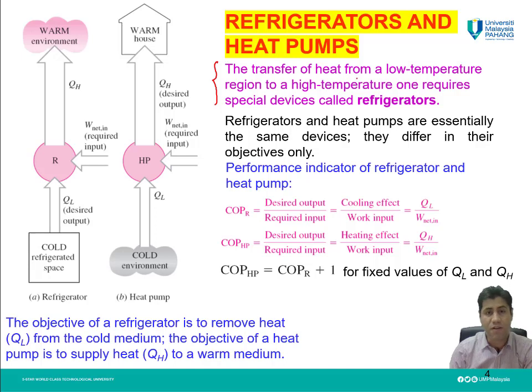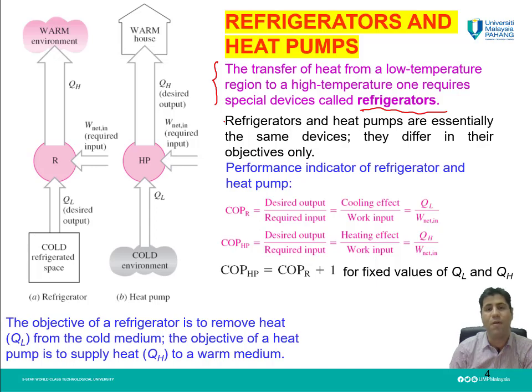Then the transfer of heat from a low temperature region to a high temperature region requires some special equipment. We call these devices refrigerators, which you have already seen in the video how it works. We will discuss more about its principle.